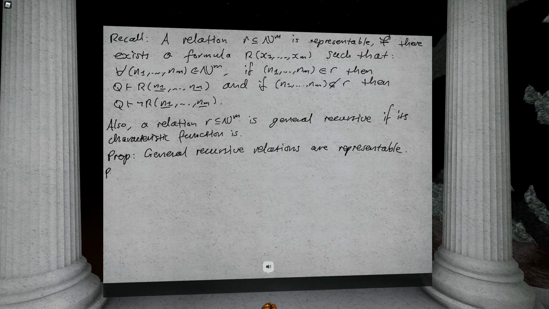Proof: let's assume that we have a general recursive relation, and let's consider the characteristic function.